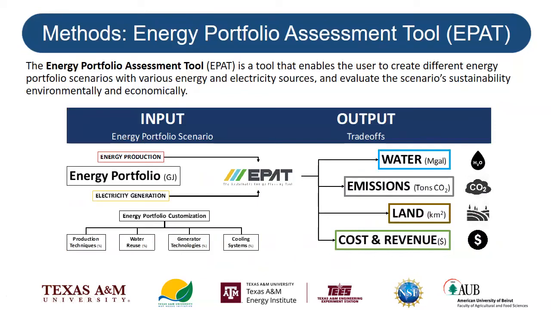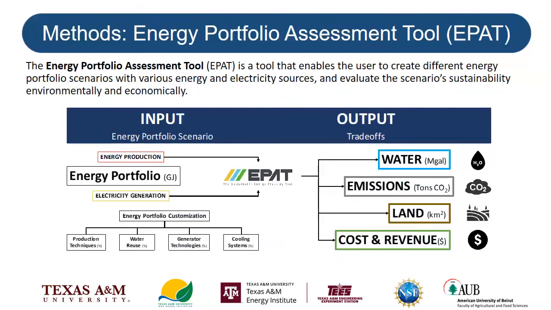Also, to assign the water use percentage. As for the power generation, the user is able to identify the technology used in generation for natural gas, for coal, for solar systems, wind, hydro, etc.